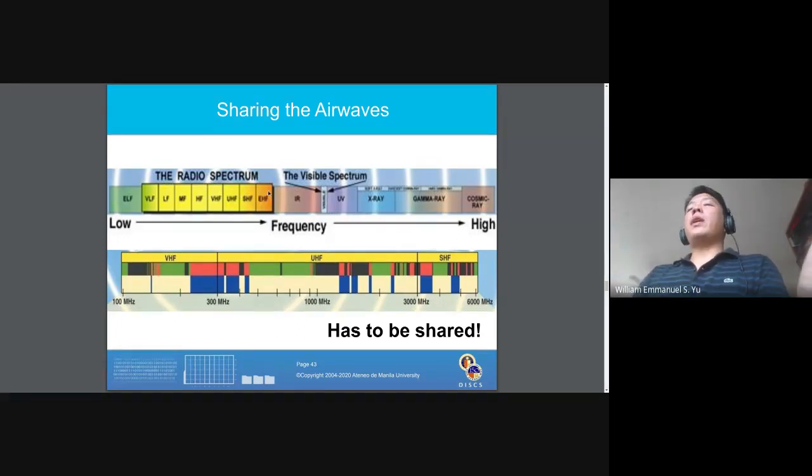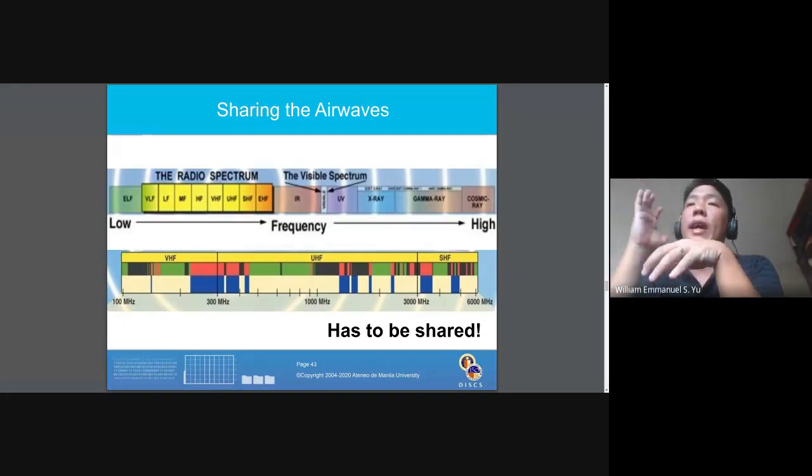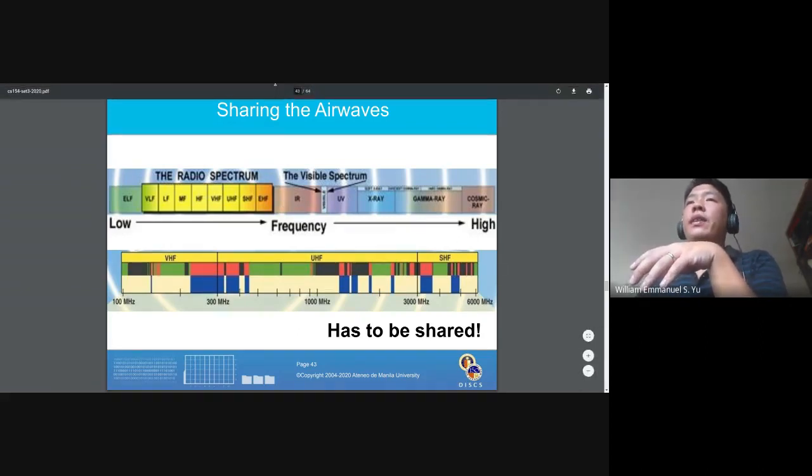Now, above the radio spectrum before visible light is what we call your infrared spectrum. And this is why your remote controls, which use infrared, you can block them by putting your hand in front of it. Right? The closer to visible light, the more likely it is to block using your hand. As a matter of fact, all of these things you can block with your hand. The only difference is that ito si gamma ray, saka si cosmic ray, may cancer ka na. Okay?